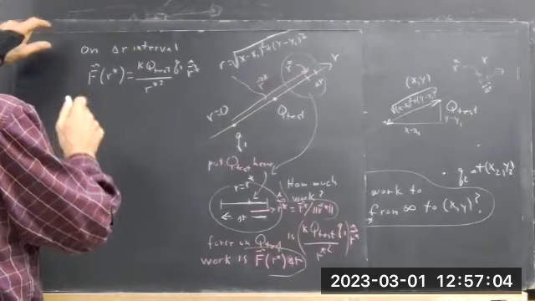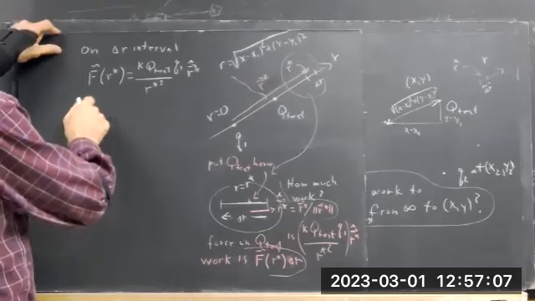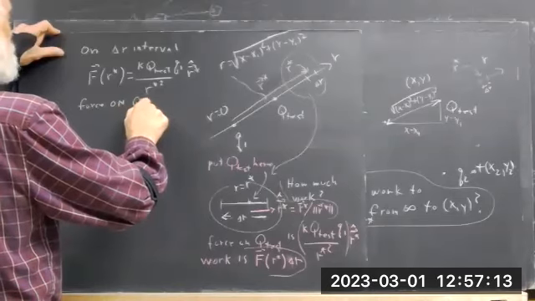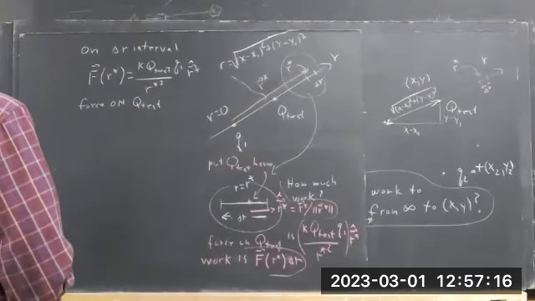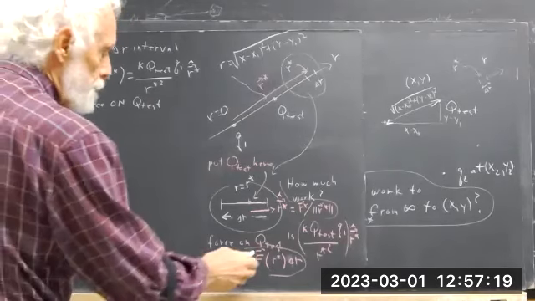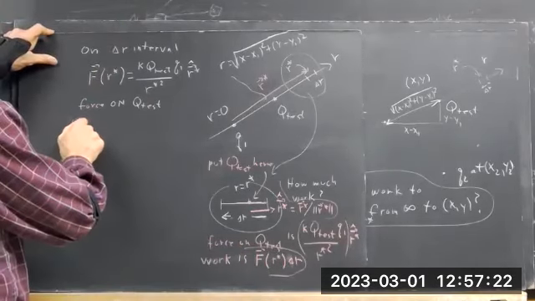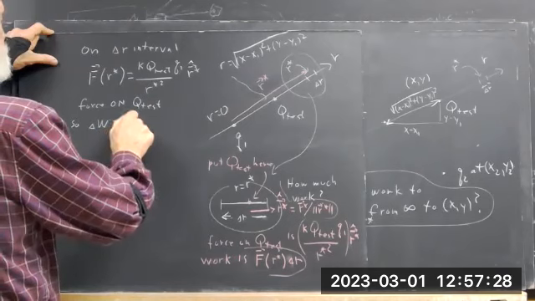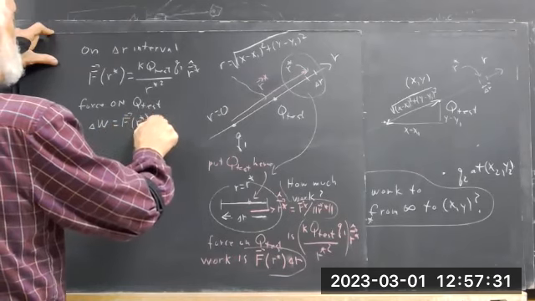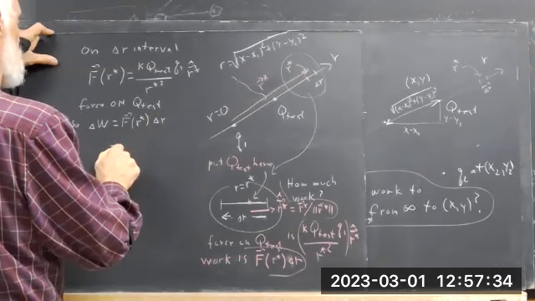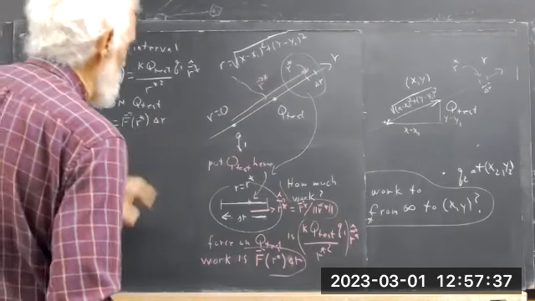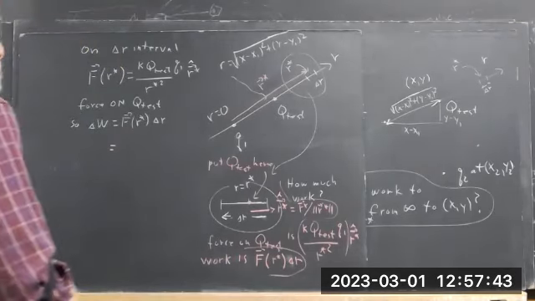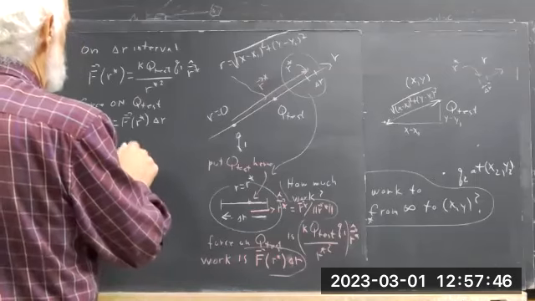This is the force exerted on the charge. So F of R star times delta R. Gonna be negative.